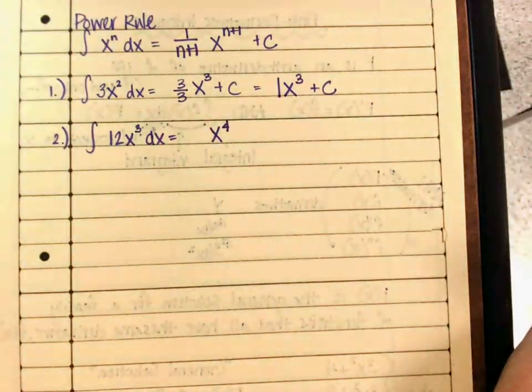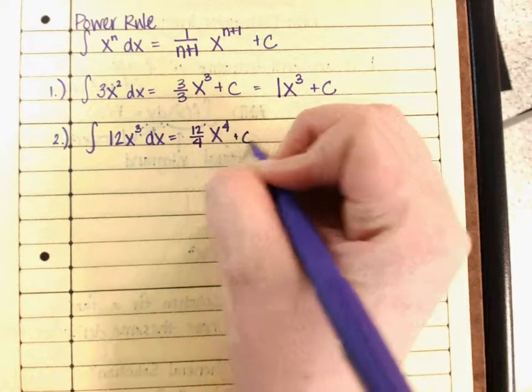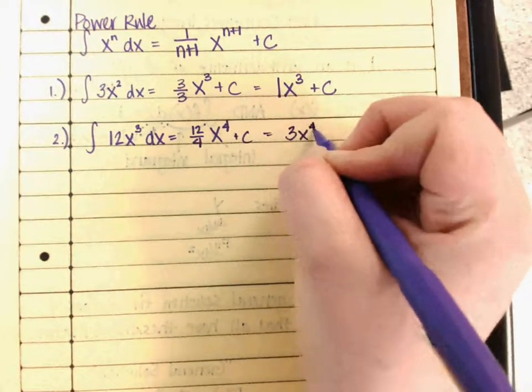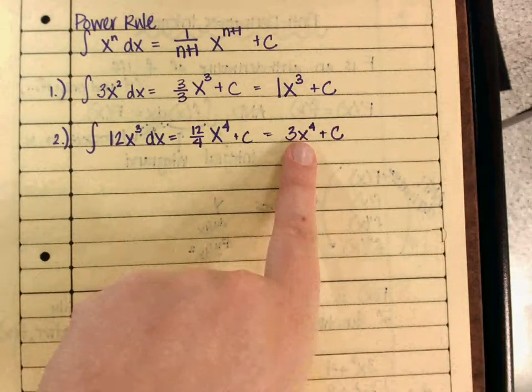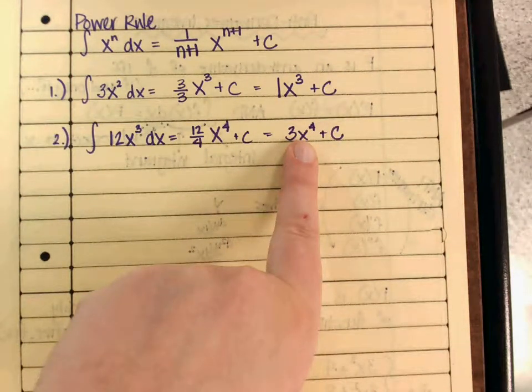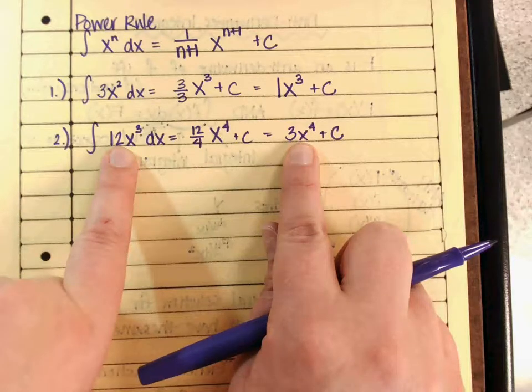Then I have to divide by 4. What's 12 divided by 4 in the front? 3. So it'd be 3x to the 4 plus c. Then you're like, wait, I don't know if I got it right. Take the derivative. What's the derivative of 3x to the 4? 12x to the 3.